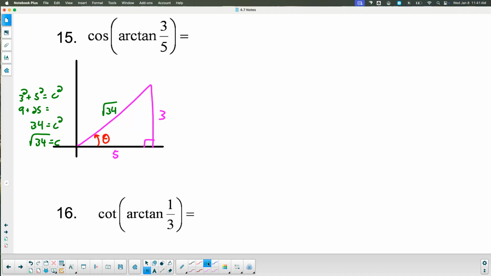Cosine is going to be adjacent over hypotenuse. So I get 5 over the square root of 34.